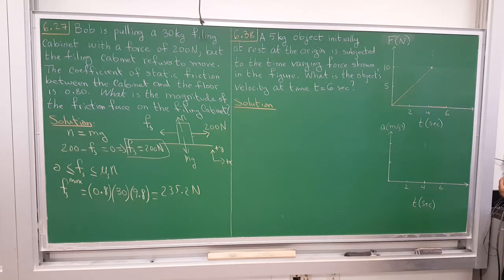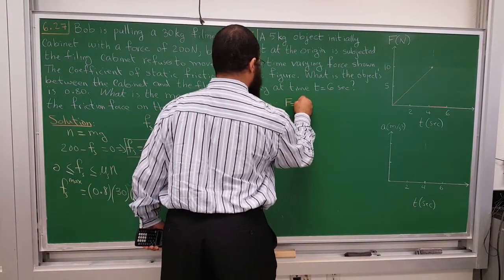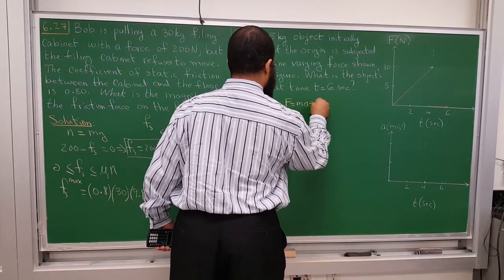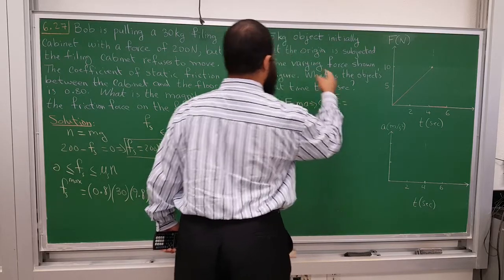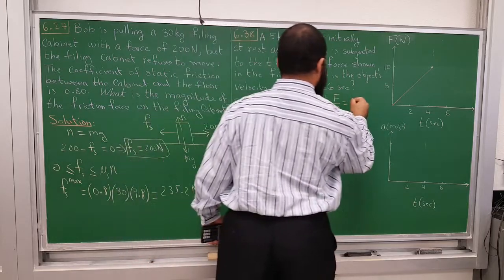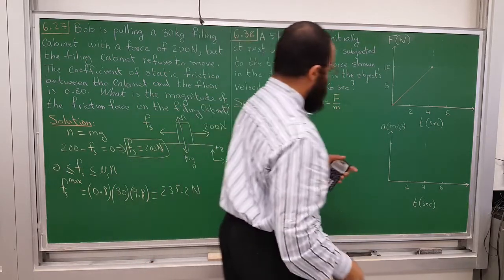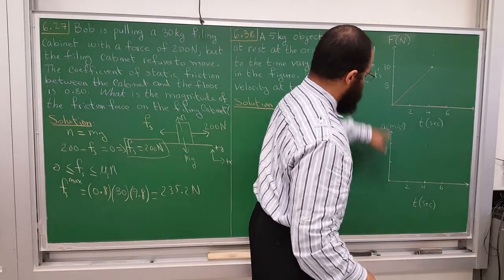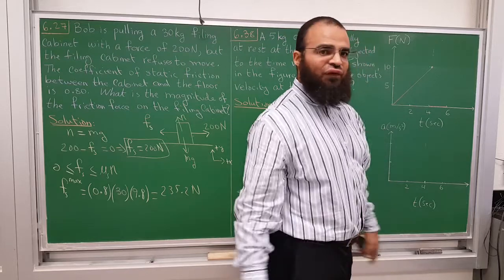Well, let's first calculate the acceleration. The acceleration is the force over mass, because we know that F equals ma, and so the acceleration would just be the force over the mass. Since the mass is 5 kilograms, it would be the force divided by 5 kilograms. So you divide this graph by 5 kilograms.